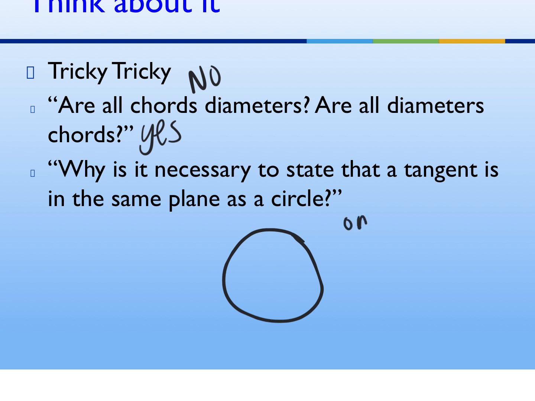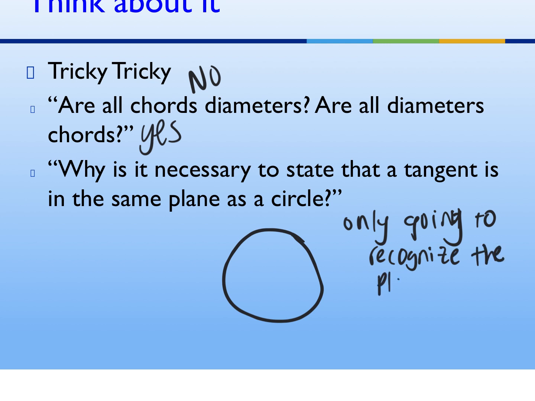So we are only going to recognize the plane of the circle. Otherwise, you get all these other lines that could be touching your circle at one point, but not necessarily tangent to the circle, and not necessarily forming a 90-degree angle with the diameter or the radius.